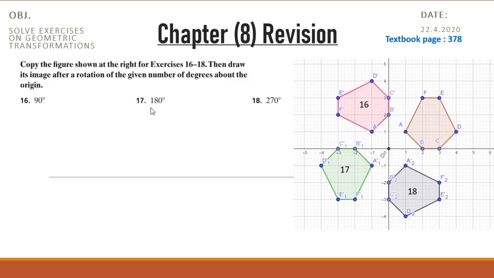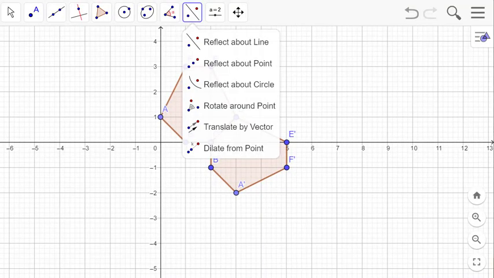For 180, don't change places, just take the opposite of the two coordinates. For 270 degrees, change places first, and after that take the opposite of the second coordinate in the image. Okay, let's go to GeoGebra, and I'll stop sharing the slide.